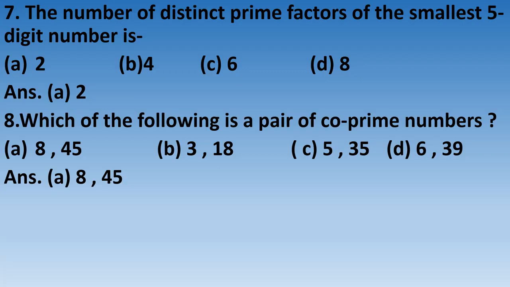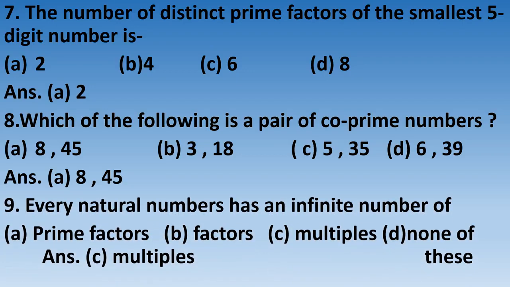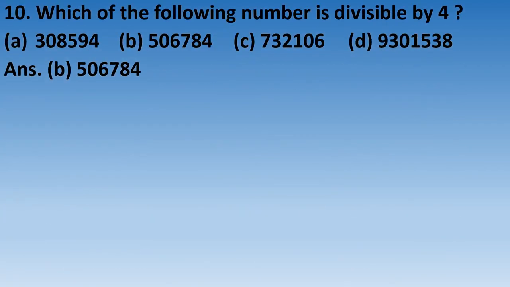Ninth, every natural number has an infinite number of multiples. Answer is multiples. 10th, which of the following number is divisible by 4? A number is divisible by 4 if its last 2 digits are divisible by 4.